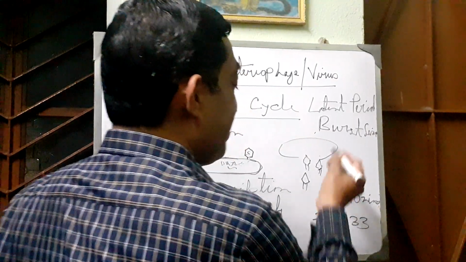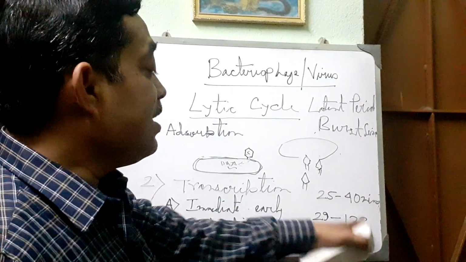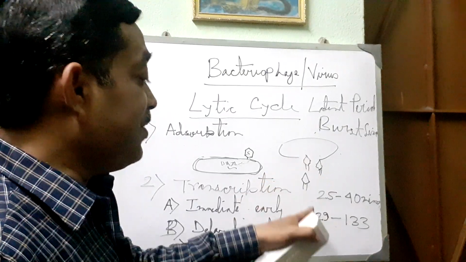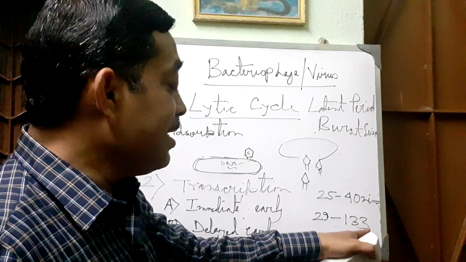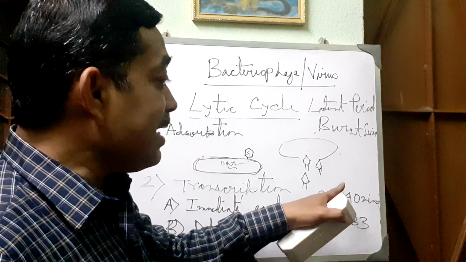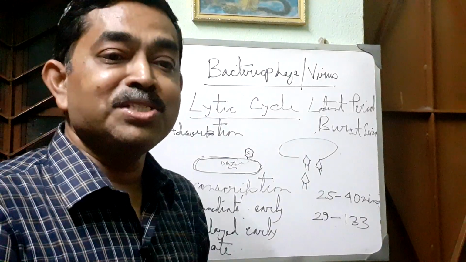So one bacterial cell will release 29 to 133 bacteriophage particles, and these new bacteriophages will again attack other bacterial cells.